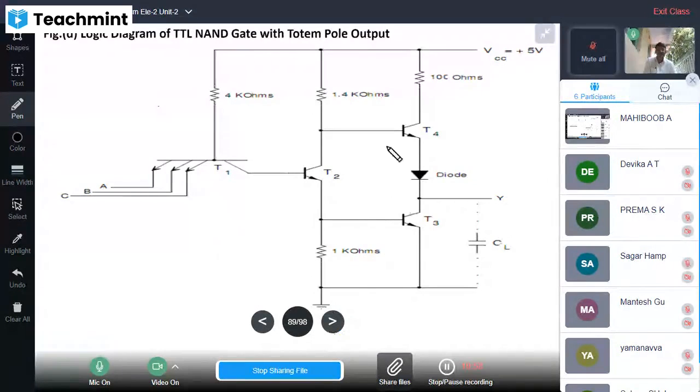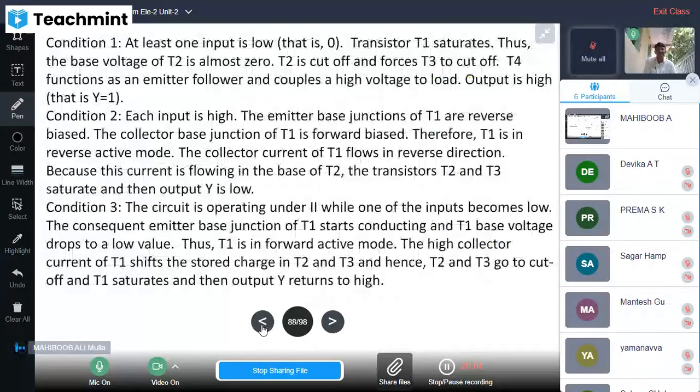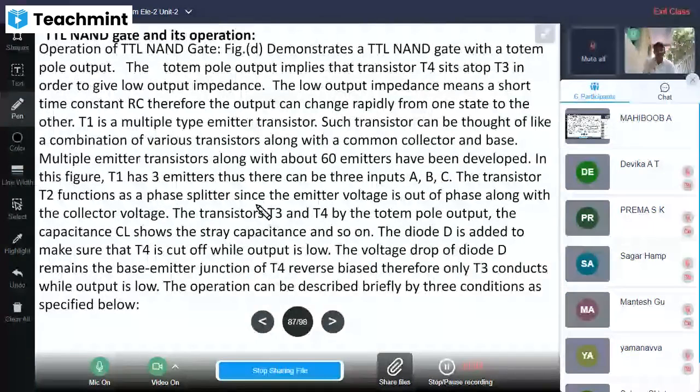So this is called a totem pole, because T3 and T4 are connected in series. See here, the TTL NAND gate has a totem pole output. The totem pole output implies that transistor T4 sits on top of T3 in order to give low output impedance.